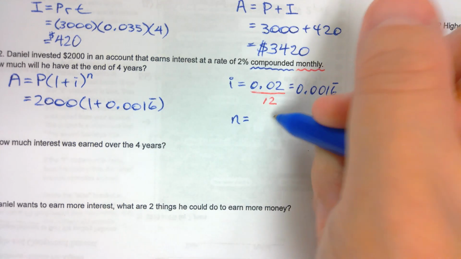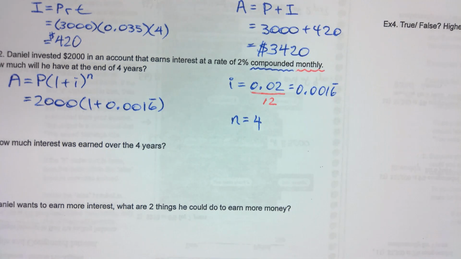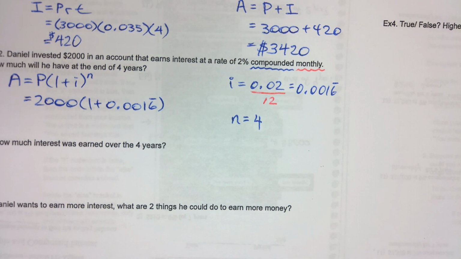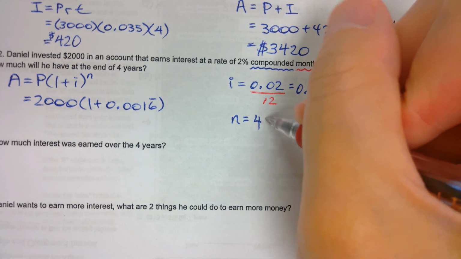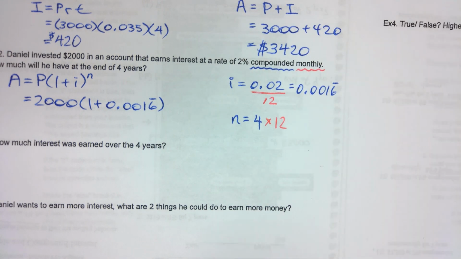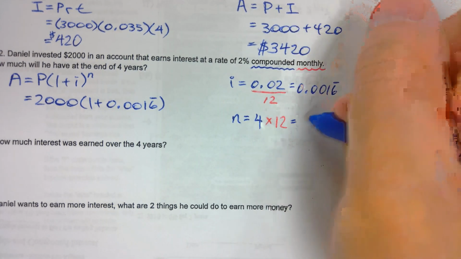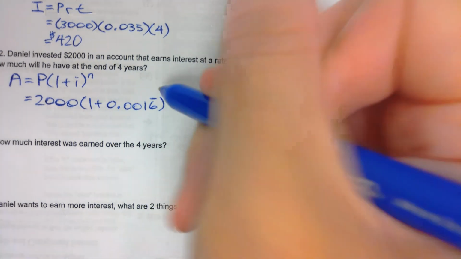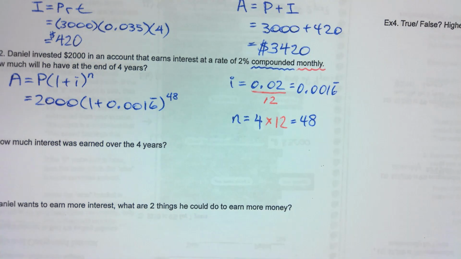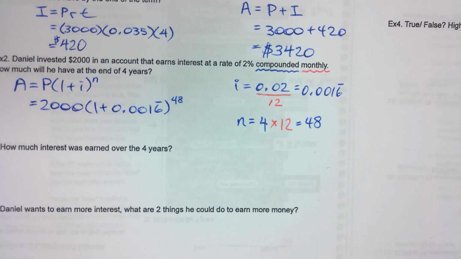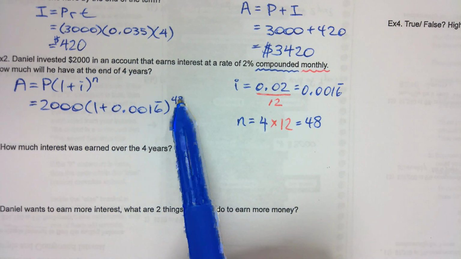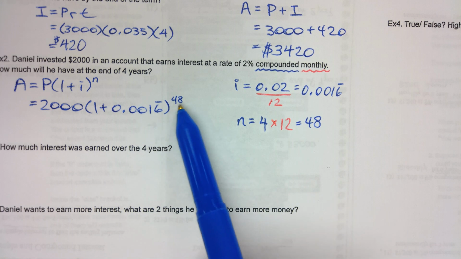It's 4 years, but how often am I getting paid in that 4 years? Yeah, you have to times it by 12. So you actually get 48. So over the 4 years, you're getting paid 48 times. A lot of people forget to change this number, and then they put 4.